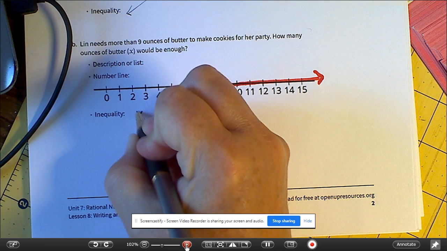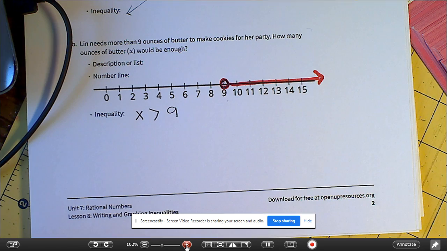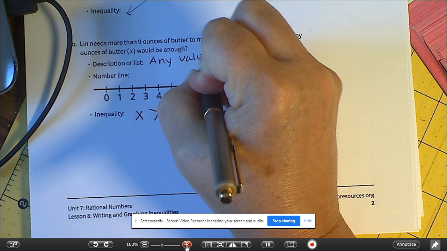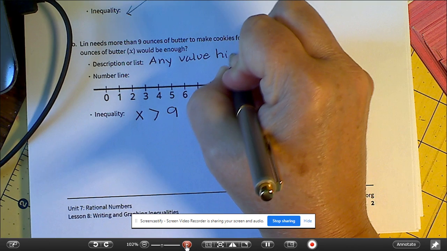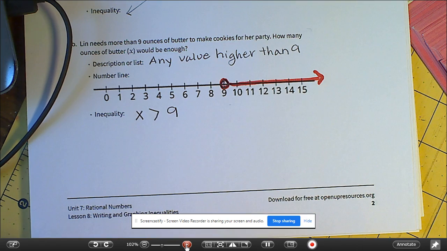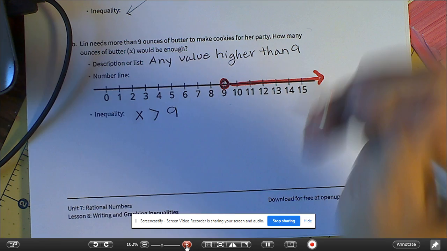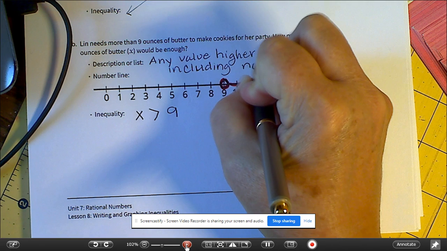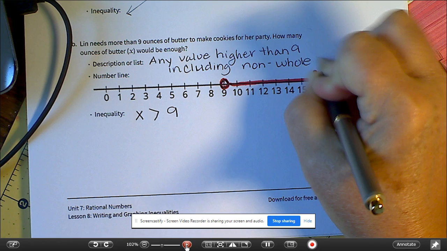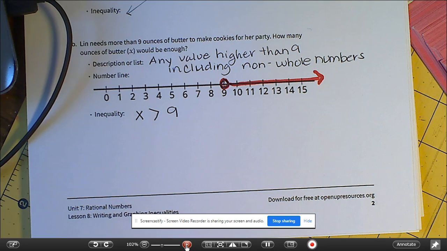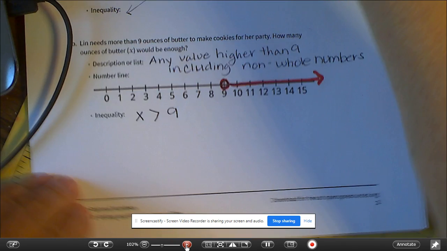So in this case, we're saying X is greater than 9. And the description would be any value higher than 9, including non-whole numbers, like fractions and decimals. Okay, let's go on to the next one.